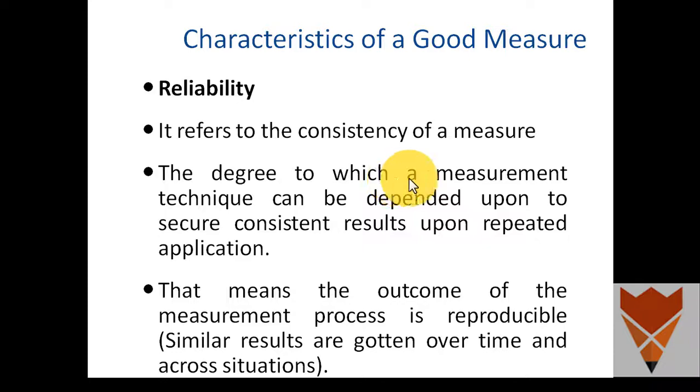It is the degree to which a measurement technique can be depended upon to secure consistent results upon repeated application. If the measure is not consistent, it will not give the same or similar results if it is used again or after some time or on a different population.